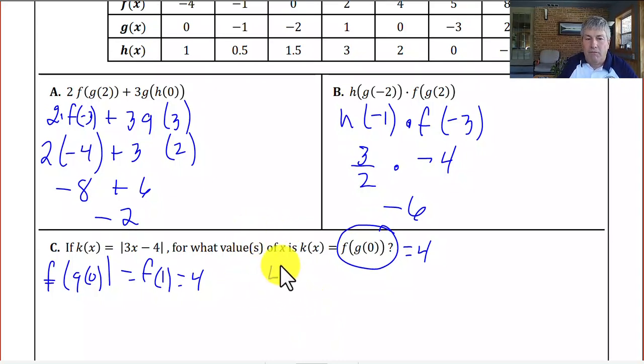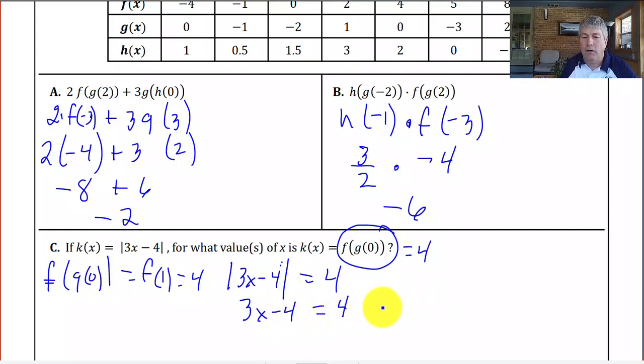So we'll say the absolute value of 3x minus 4 has to equal an output of 4. We're solving an absolute value equation. So we'll separate this into 2. 3x minus 4 equals 4, or 3x minus 4 equals negative 4.